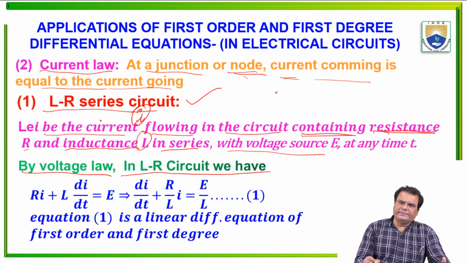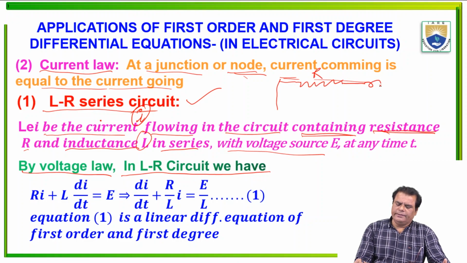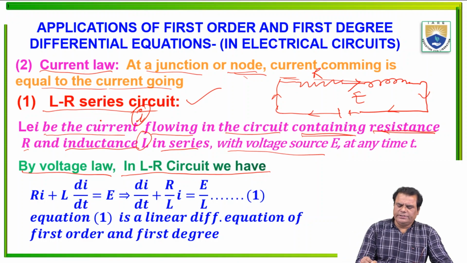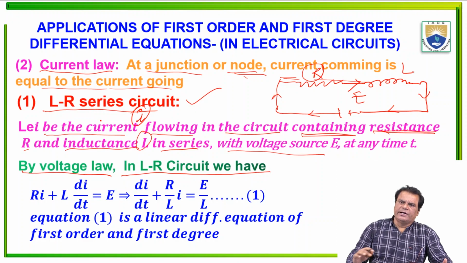It is this type: this is R, here this is L, and this is E, the electromotive force, and current flows like this. So this is the resistance and this is L, the inductance. So current flows in this circuit.